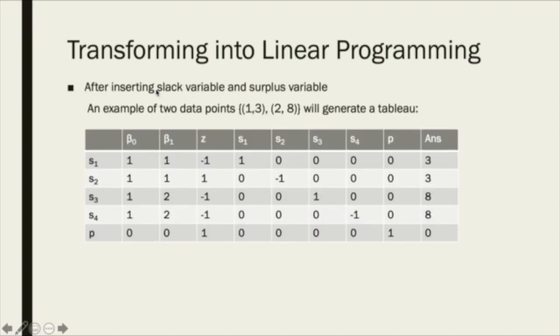After inserting slack variables and surplus variables, an example of 2 data points, (1, 3) and (2, 8), will generate a table like this. Next, we just use the simplex method to solve the tableau, and we will find our final decision that makes our objective function the smallest.